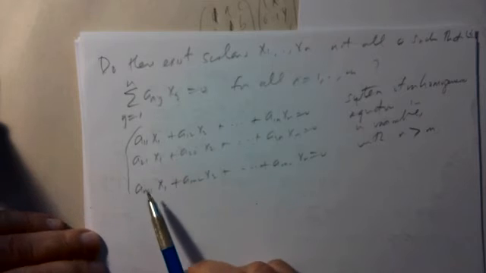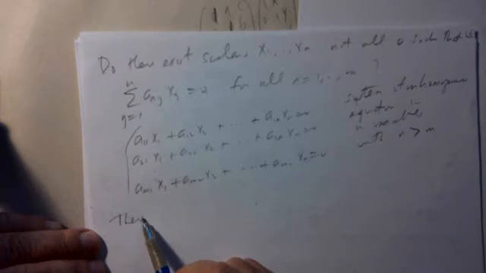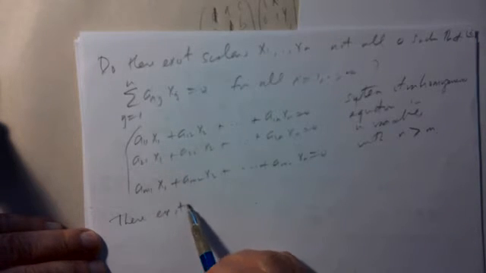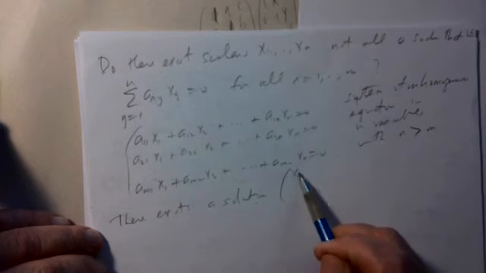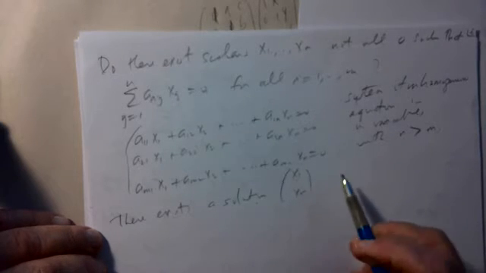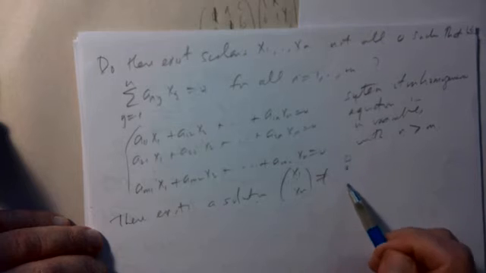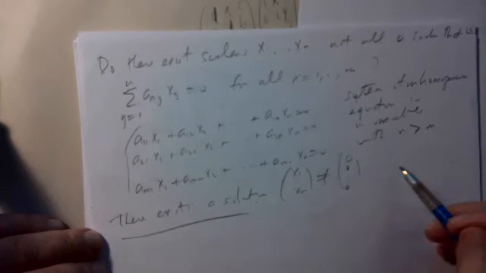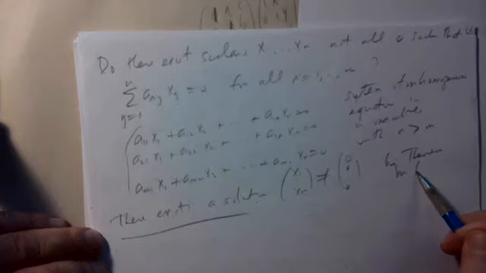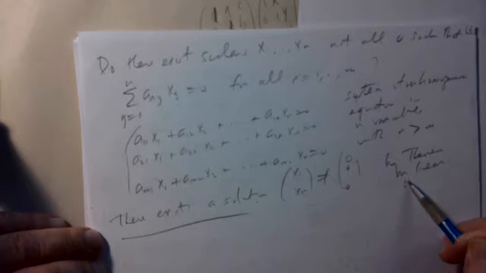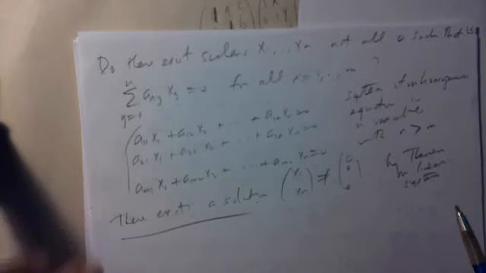But by our theorem on homogeneous equations, there exists a solution which is not all zeros, not the 0 vector. This is from the theorem on linear systems of homogeneous equations.